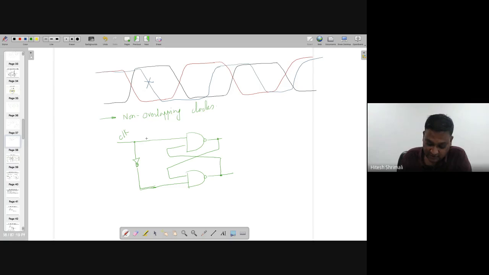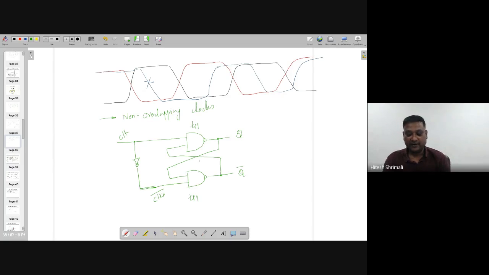So this is still the clock and this is clock bar, but the outputs Q and Q bar give a guarantee that they are never going to be the same. And the output depends on the propagation delay of each of the gates. Note that both the delays are equal.